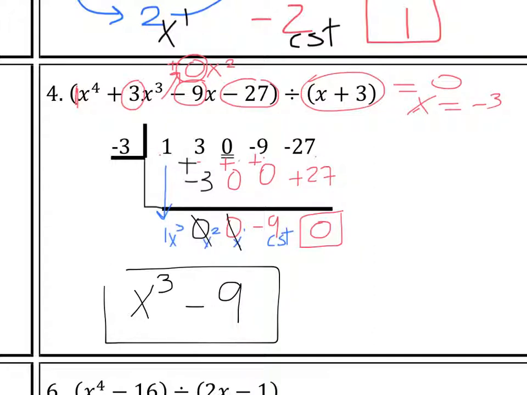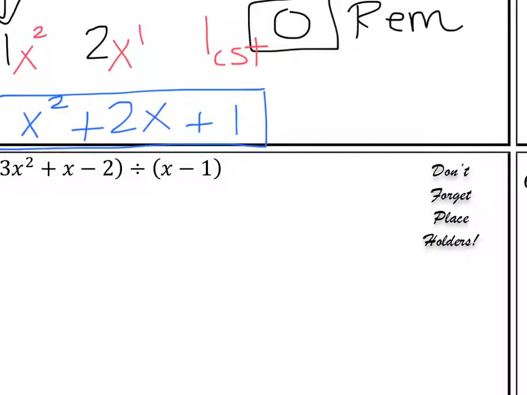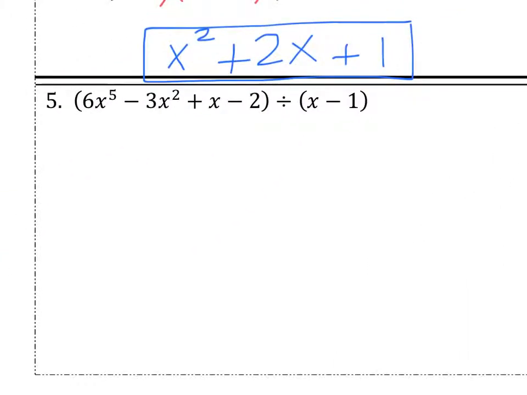Now would be a good time for you to pause the video and try number 5 on your own. Now let's go ahead and try number 5 together. Just like we said that they should be in descending order of power, so that's power 5, and then it jumps to power 2. So we have 2 powers missing. We have a 0x to the power 4 missing, and we have a 0x to the power 3 missing.